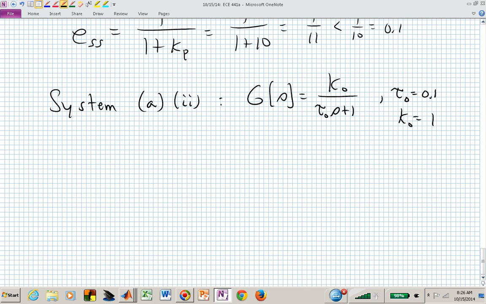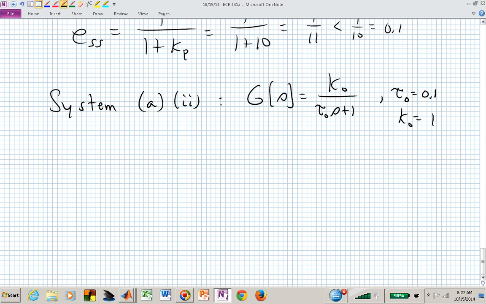Now, just with that information, can you tell me anything about what you would expect to happen here? A steady state error that's better or worse than the previous system? And what are you maybe thinking about? Are these systems the same order? Yes. Are they the same type?